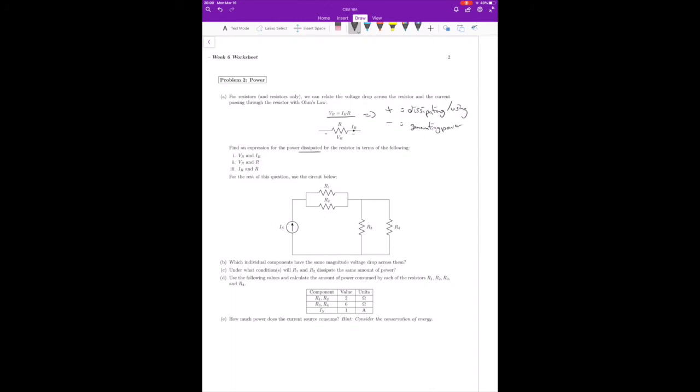Okay, so now that we have this expression, let's do 1, 2, and 3. So they already kind of gave us the answer to 1. Oh wait, they didn't. Okay, so let's first talk about what power is. Power is given by, in passive sign convention, the current times the voltage.